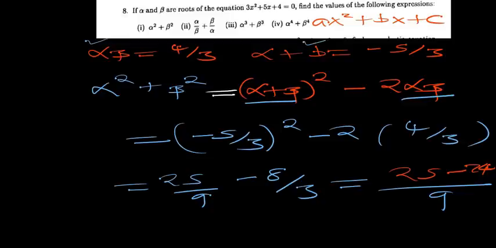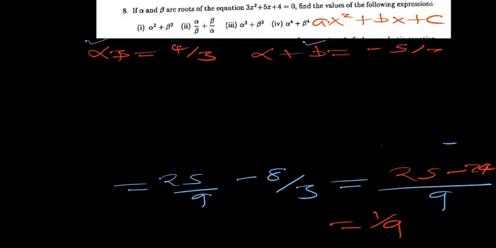So with the 24 we have 25 minus 24, and you end up with 1 over 9. So that's for the first one. We're done. Try out the next one. Every time you want to find the exact value, what you want to do is express whatever you're given in the form of the product and also the summation.